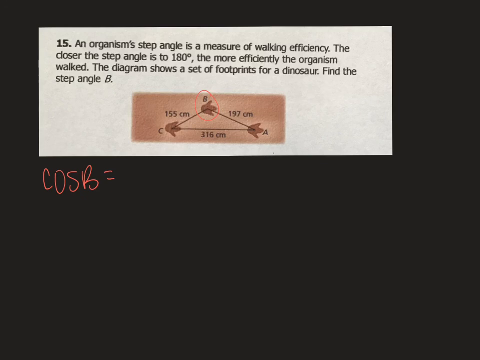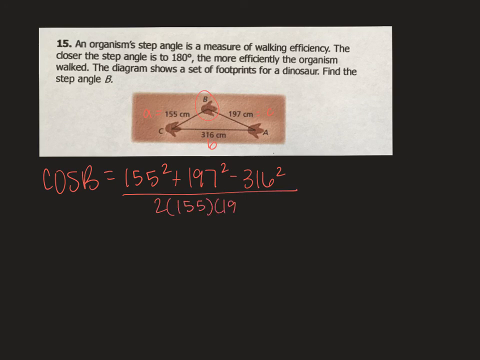And this is the only one we have to do because it's the only angle we have to find. So 155 would be A, 197 would be C, 316 would be B. So 155 squared plus 197 squared minus 316 squared over 2 times 155 times 197.